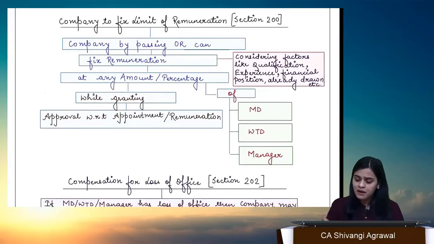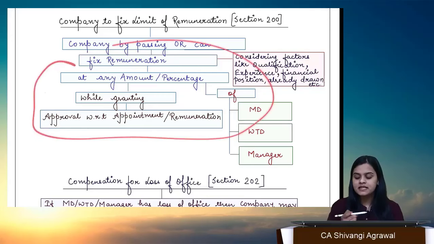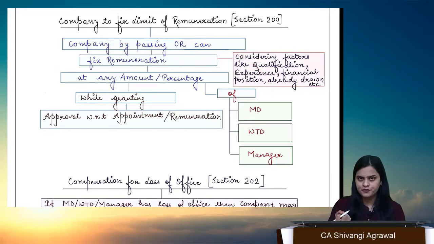Now, apart from this, section 200, a very small section again, empowers the company to fix a limit on the remuneration. Suppose the company has inadequate profits or losses. In that situation, the company can fix a limit.